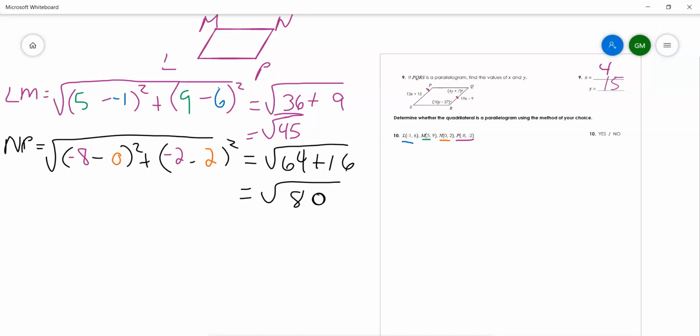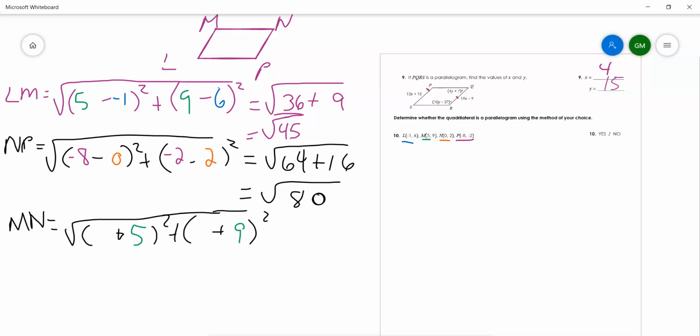All right, so MN. Let's find the length of MN. M is green, so that's going to be 5 and 9. And N I have as orange.